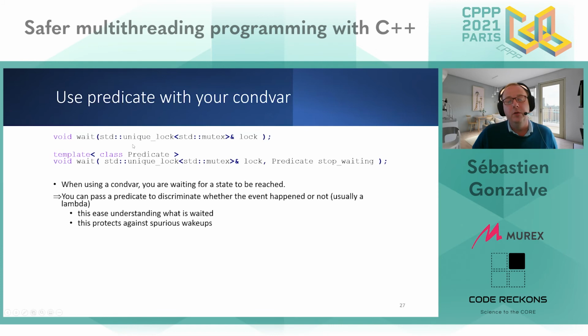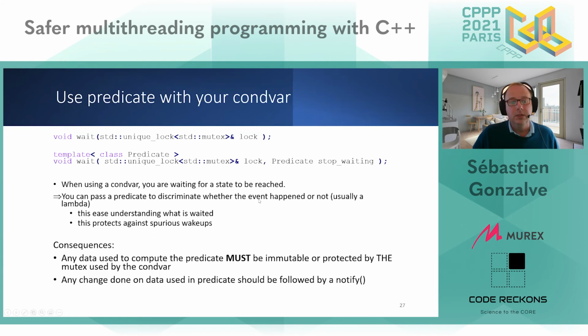So you have to make sure you were woken up for the real reason, and the way you do that is using this predicate here. You pass a lambda saying, I want to sleep until this predicate is true. And then you are assured to be awake for the right reason.